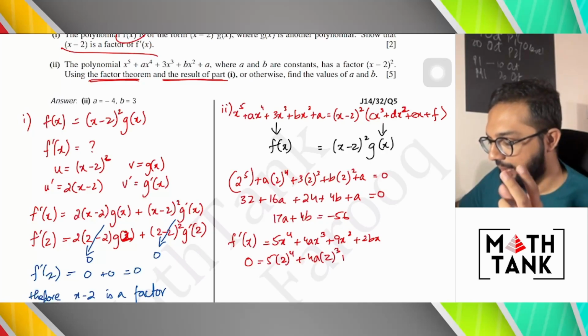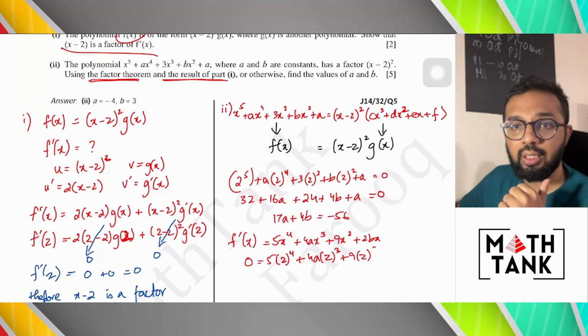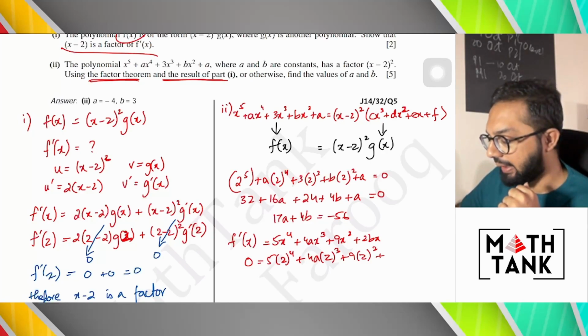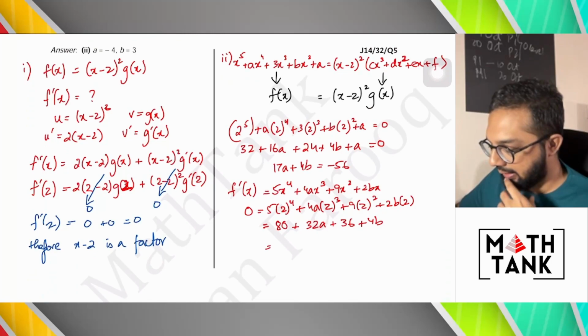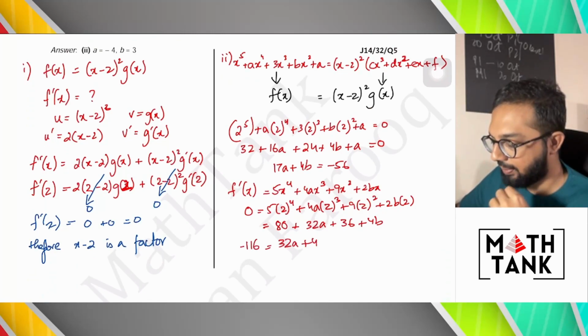Because from the previous part, I've proved to you that f bar of x has a factor 2. 5 into 16 is 80 plus 4 is 32a plus 36 plus 4b. So I get minus 116 equals to 32a plus 4b.